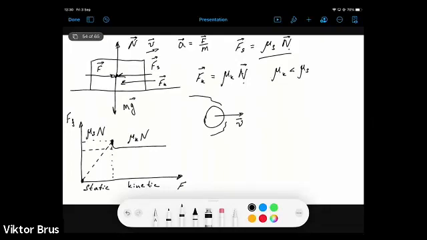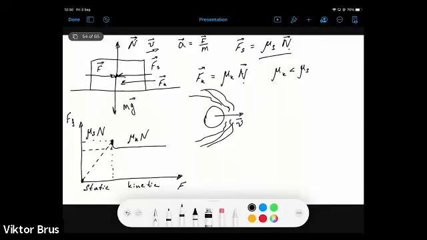And here is some interaction with the atmosphere in which this ball is moving. So here we need to consider some cases.